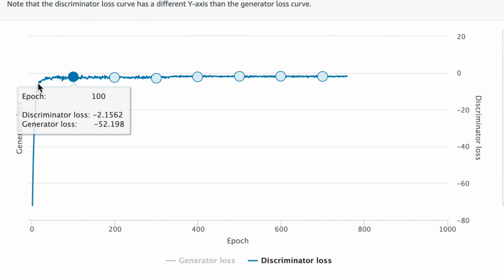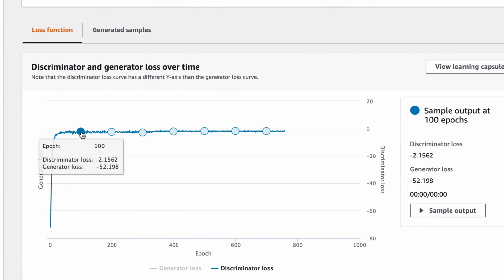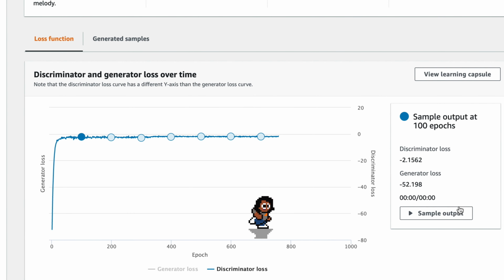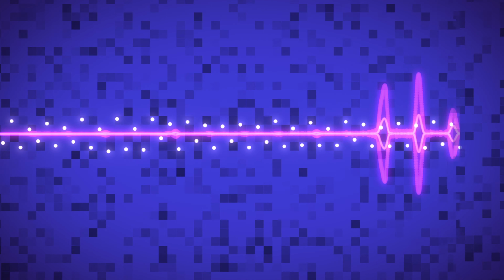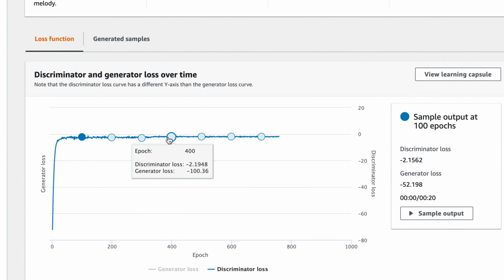And we can verify that by listening to samples. So let's hear what music was produced at the 100th epoch. You can do that over here by just clicking on this sample output button. So that was the 100th epoch. Let's listen at 400.